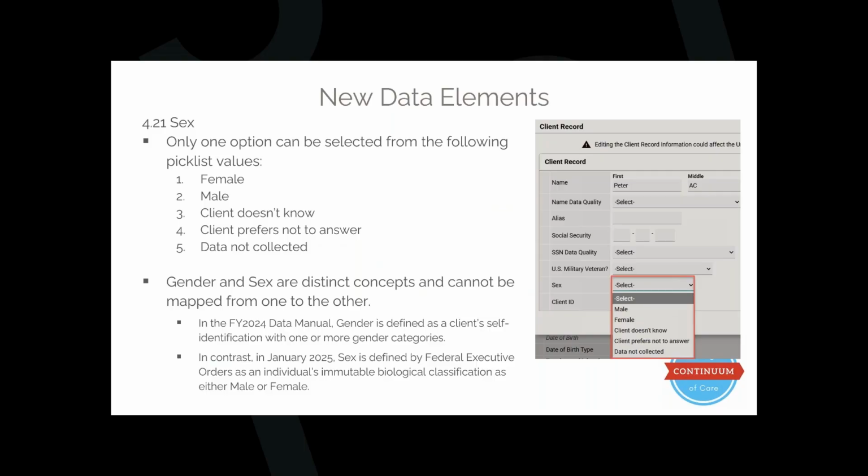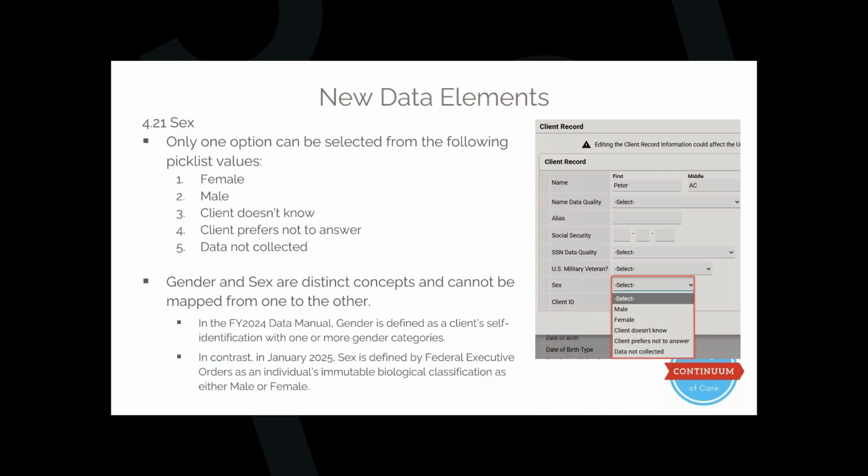Did you say we need to manually update the sex field for each active client? We do strongly encourage that you go in and complete it for all active clients, so new clients as well as clients already existing in your project. The next question is whether we have to go back and redo people's answers who were previously non-binary.